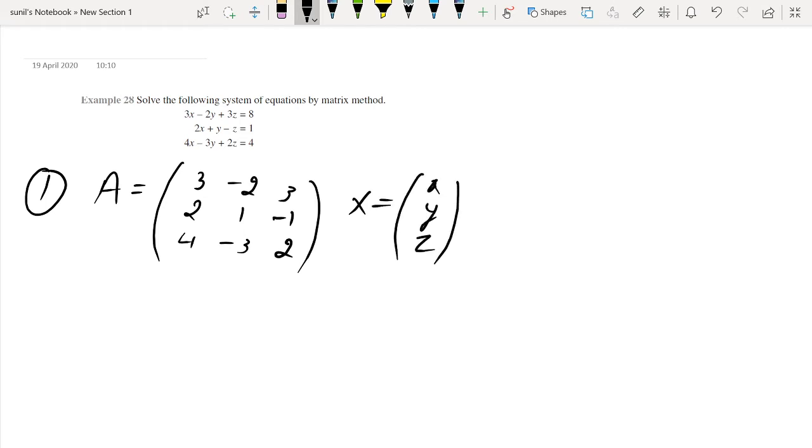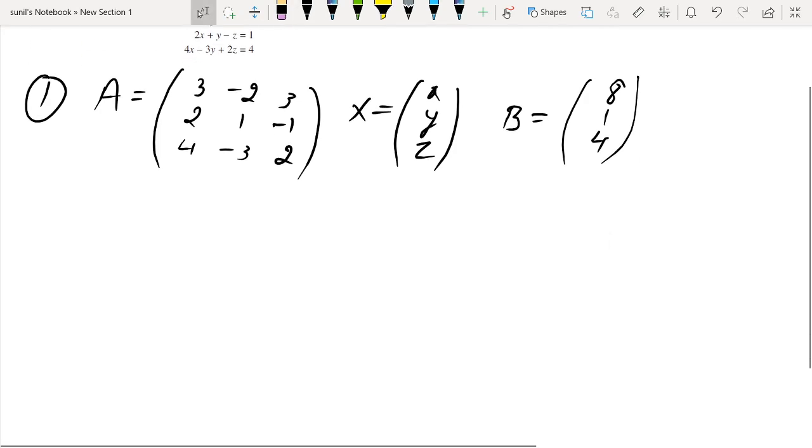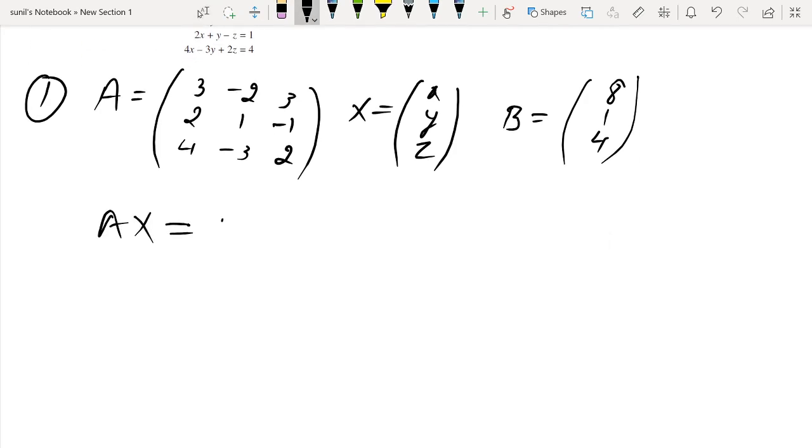Then you will write the matrix B: 8 1 4.